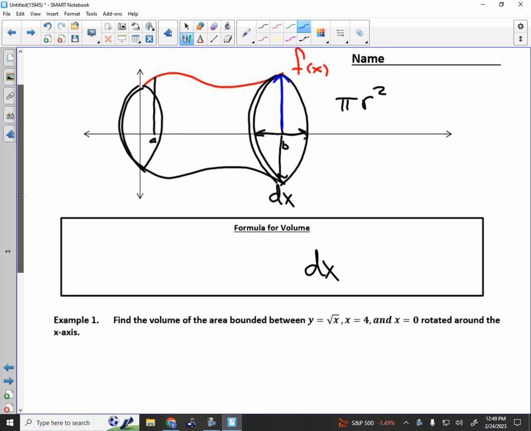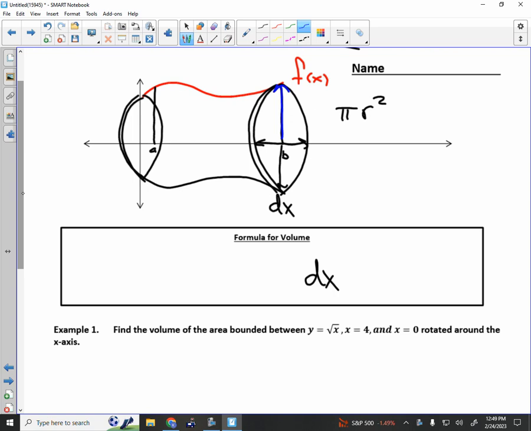Now what's interesting is that this piece right here is the radius. Can somebody tell me how to rewrite r so that it has an x in it? What is something up here that defines the radius? It's the function. Whatever the height of the function is, that's your radius. So it turns out that you have pi times f of x squared. And that's the volume of one of those things.